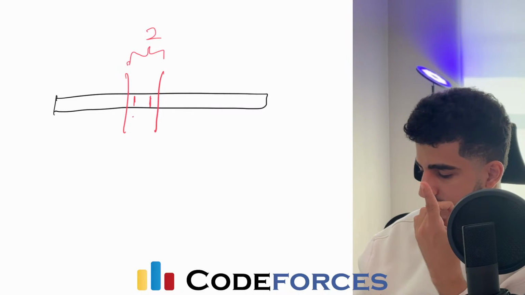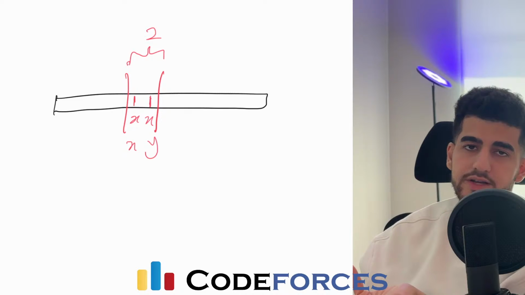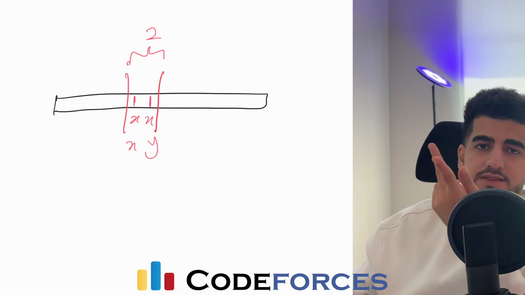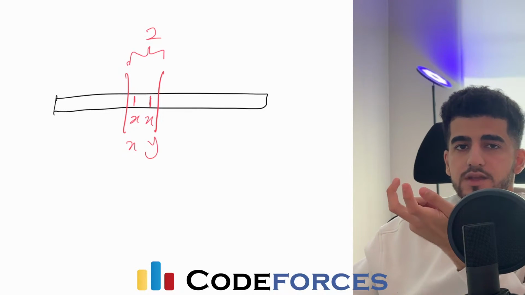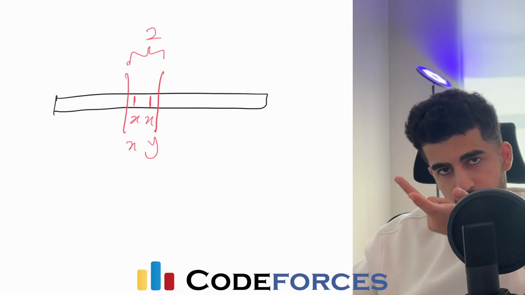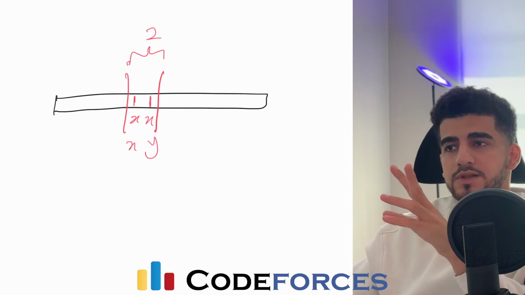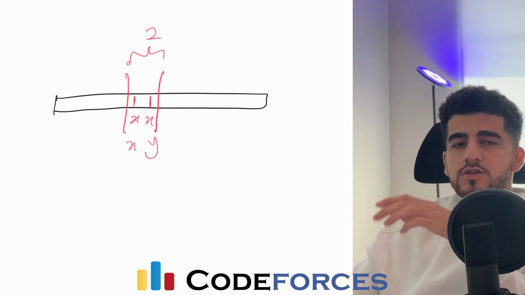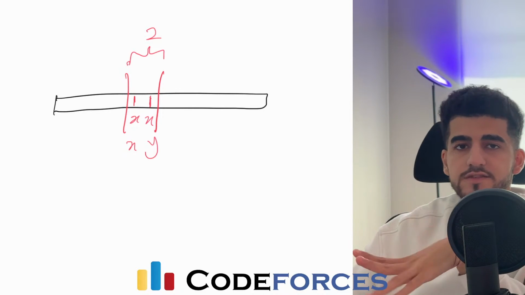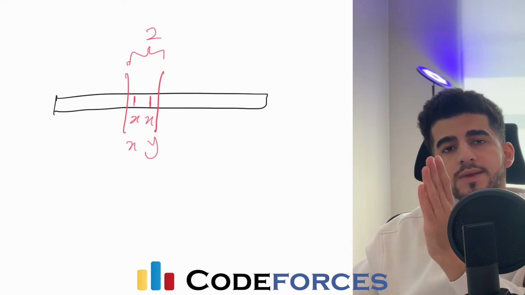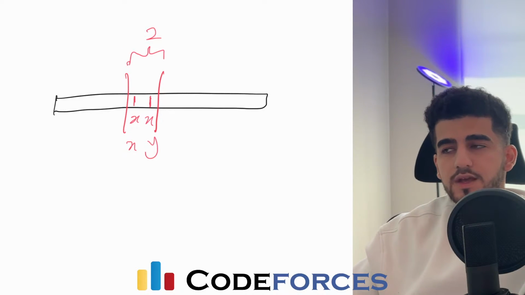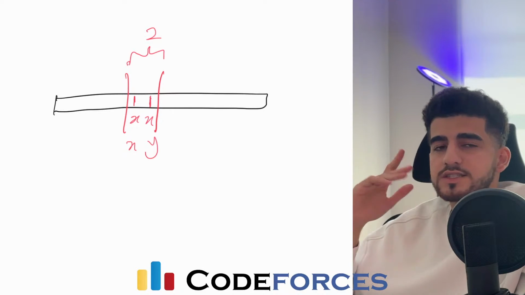So it's like instead of XX, they could also be XY and have the same array. This is only this special case that we have a block of size 2. When we have a block of size 2, it's completely like we have two blocks of size 1. So I can say that do not consider blocks of size 2. That will be counted in blocks of size 1. But for values greater than 2, there's only a unique way.